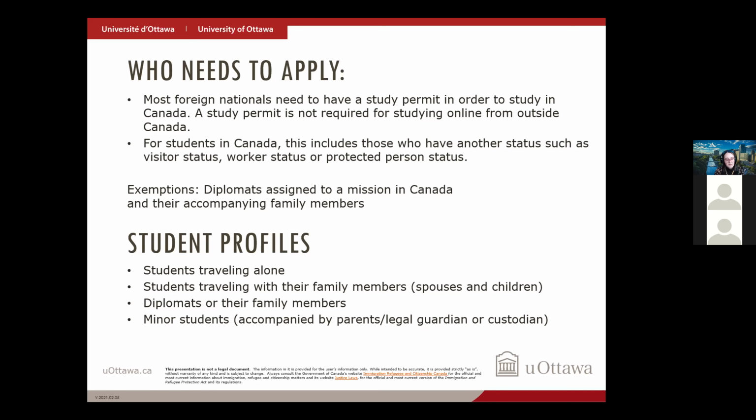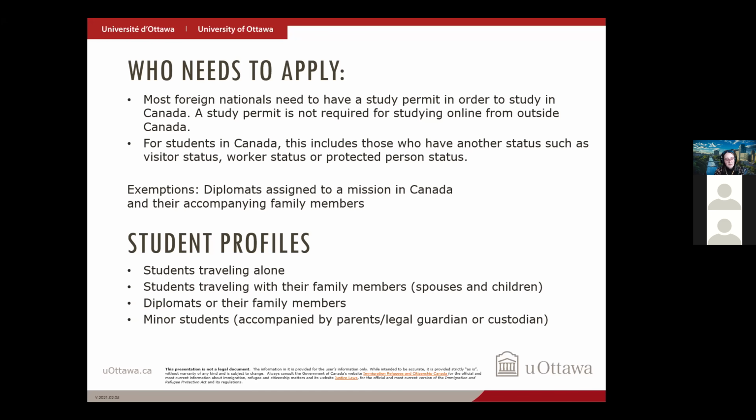We have, I would say, a couple of the most popular student profiles here on the slide. I guess I'll call them the most common types of students that we help. So obviously, students traveling alone. This is probably the most common student profile that we see: students who are just coming to do their program. Second most popular is probably students traveling with their family members, so either their spouse or common law partner and/or their children.